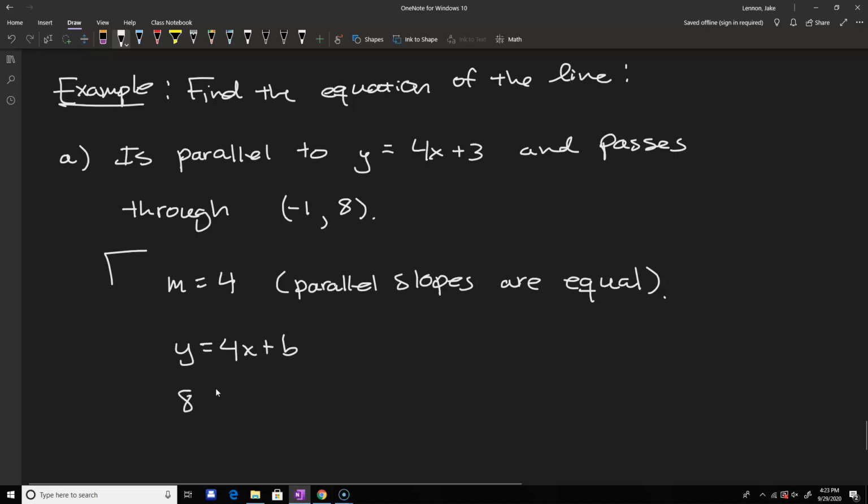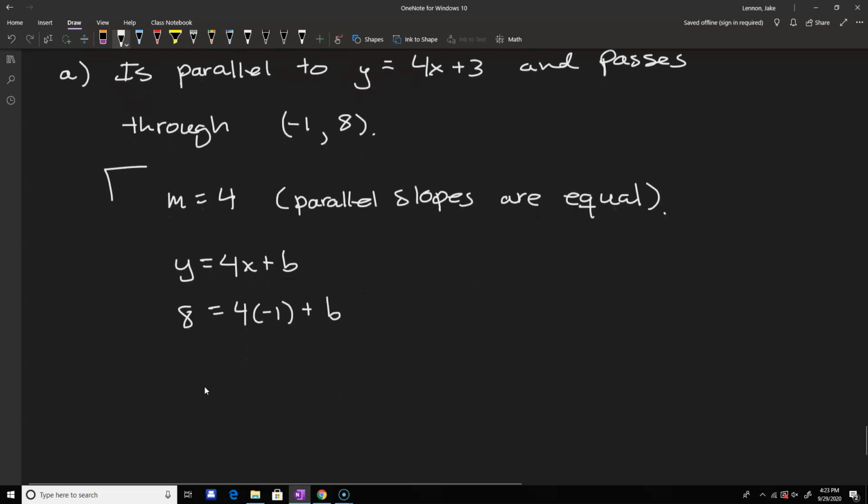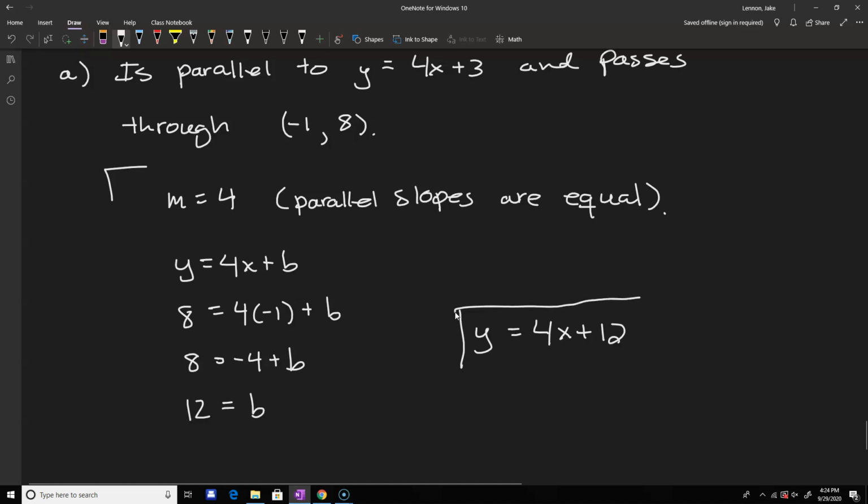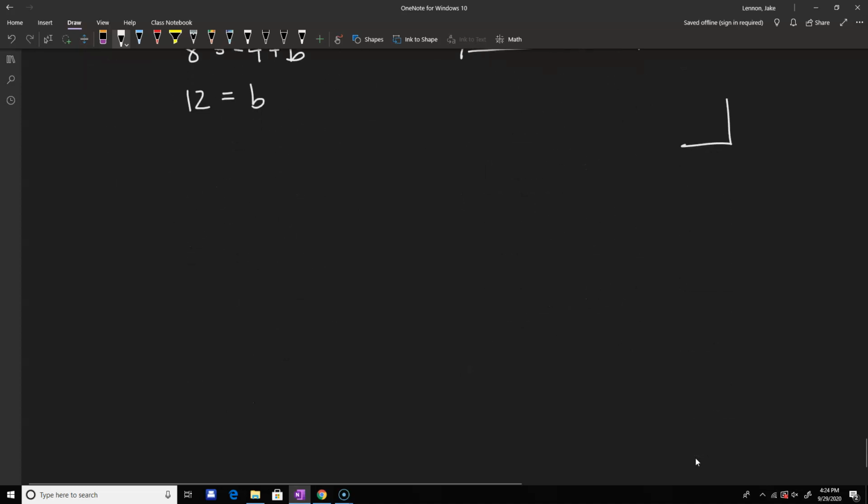So 8 replaces y, and -1 replaces x. So we get 8 equals -4 plus b. Add 4 to both sides, so 12 is your y-intercept value. So our line here would be y equals 4x plus 12. So we used the parallel line to find our slope, and then we just plugged in the point, as we often do, to find the value of the y-intercept.